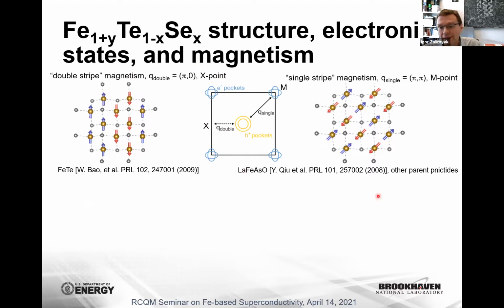On the other hand, the parent phases of pnictide superconductors do show the so-called single stripe magnetism with propagation vector (pi, pi) corresponding to this M point, and that can be rationalized by nesting.